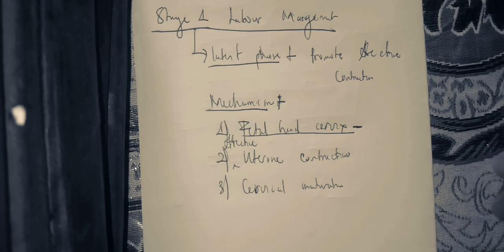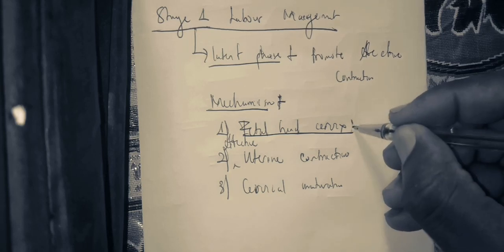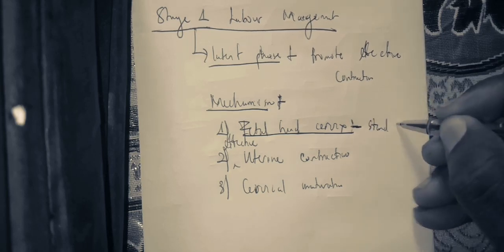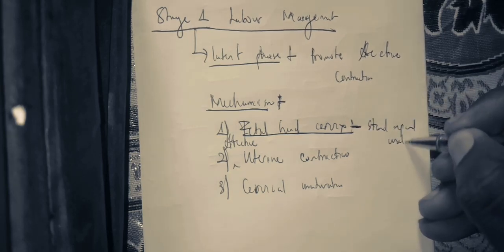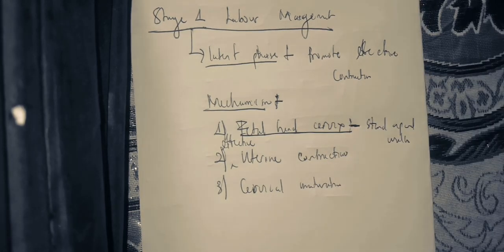You can counsel her to stand up and walk, which promotes the fetal head to continuously press at the level of the cervix so that it can cause cervical dilatation.